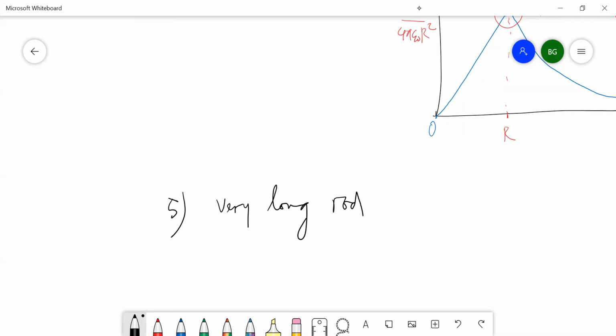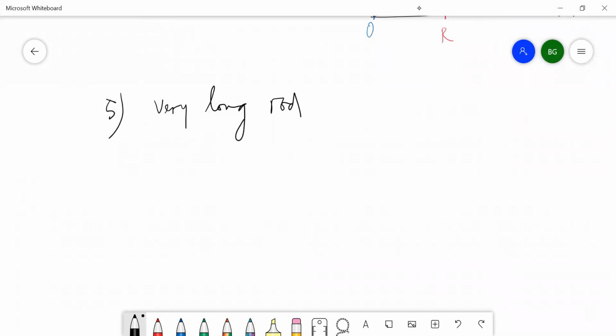Charge, a very long charged rod. So we have a one-dimensional case.